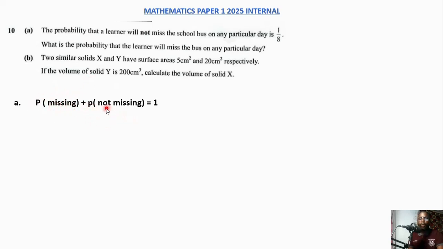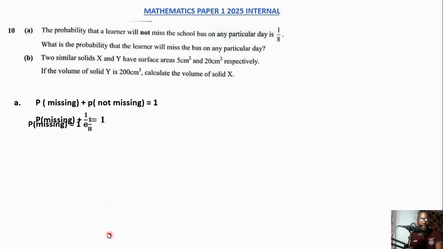But the probability of not missing has been given here. They're saying the probability that a learner will not miss the school bus on a particular day is 1/8. So we can just say the probability of missing plus the probability of not missing, that is 1/8, should give us 1.